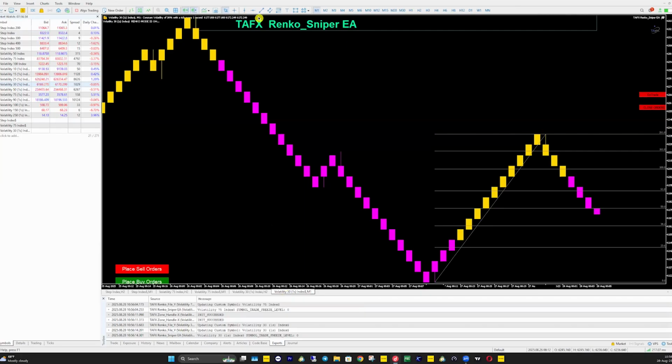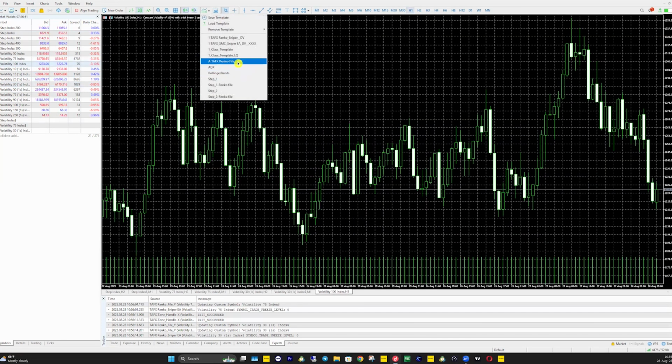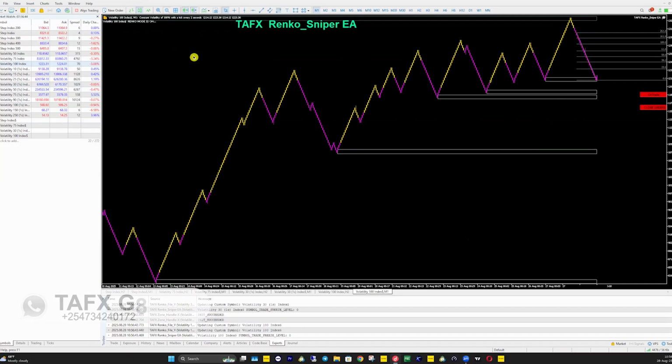So that's why you can see whatever you pick from the chart, the EA analyzes it automatically and creates a Renko chart. There is no different analysis, because full price action and advanced SMC is all that you need.